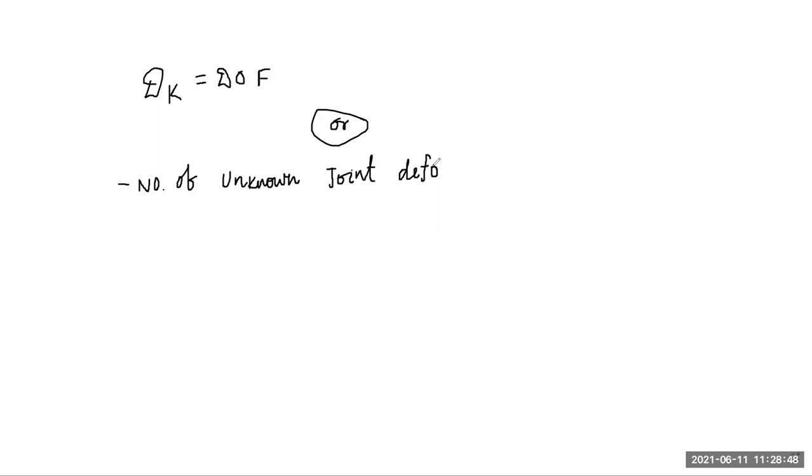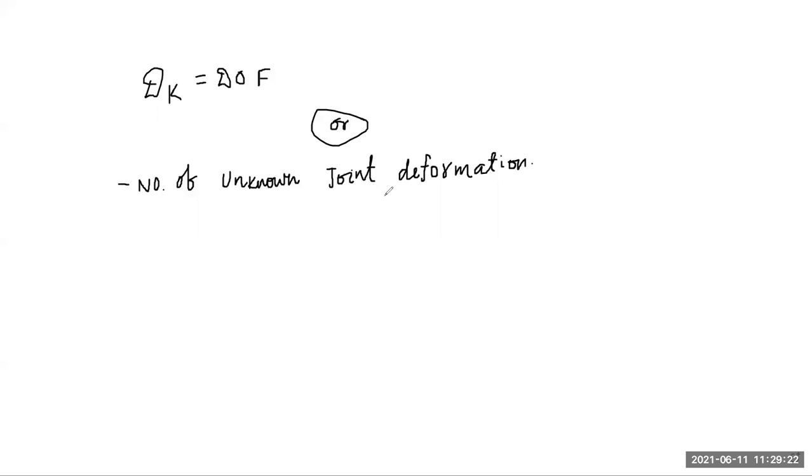So dk is also defined as the number of unknown joint deformations. The first definition of dk is the number of independent displacement components of a joint or support. Next is the number of unknown joint deformation.